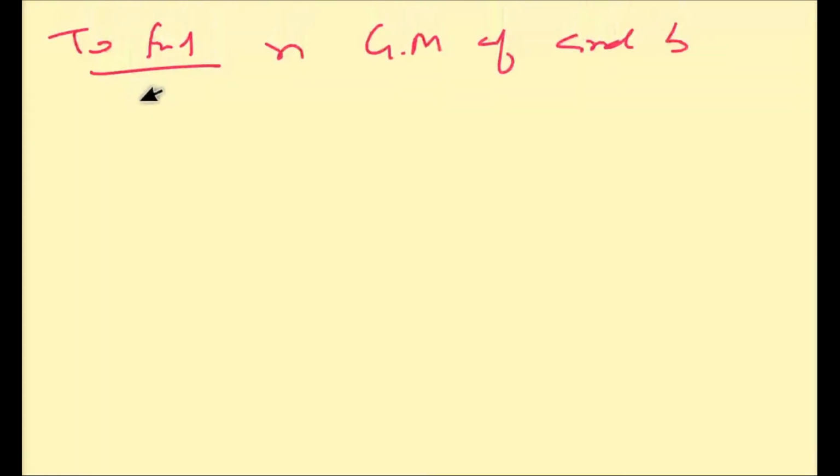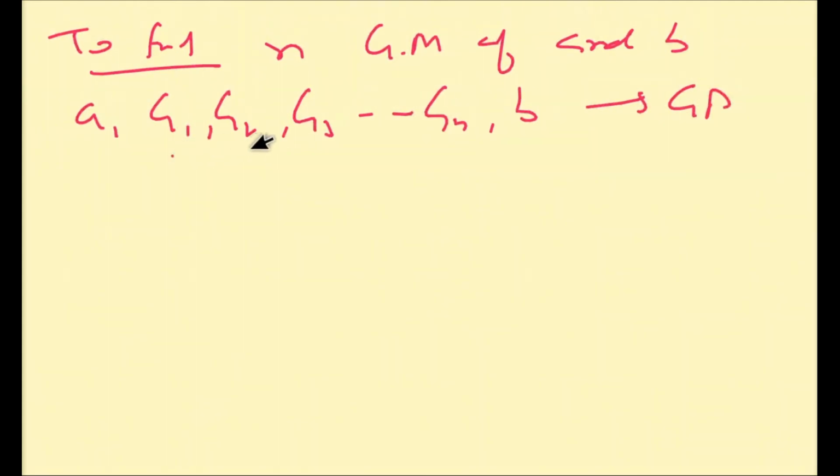Okay. One geometric mean of A and B. So similarly, to find n geometric means of A and B, we can write A, G1, G2, G3, Gn, B in GP. Here G1, G2, G3, Gn are n geometric means of A and B. So writing here we can see B is the n plus 2th term.